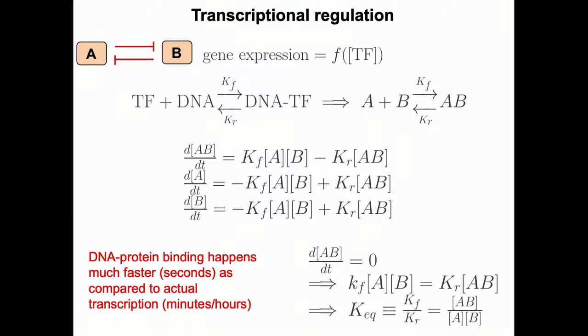That the DNA and transcription factor binding happens much faster as compared to actual transcription. If you make that assumption, you say the rate of change is 0, you equate those two terms, and you get some equilibrium constant K, which is basically AB divided by A times B.